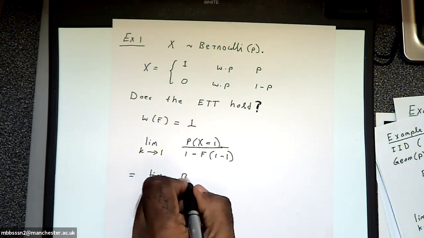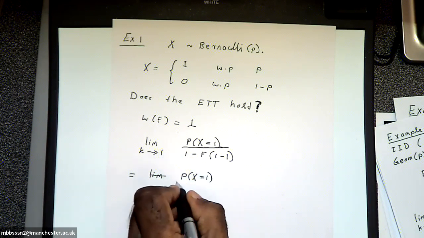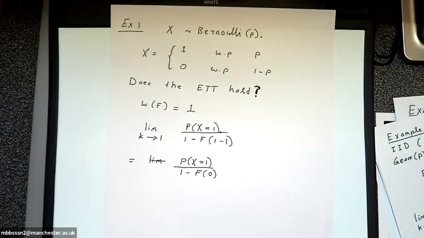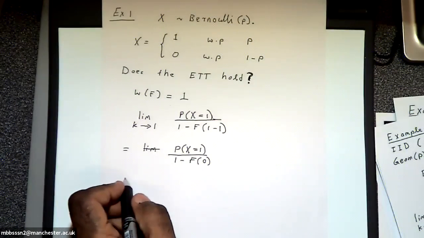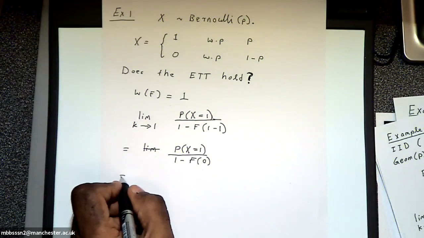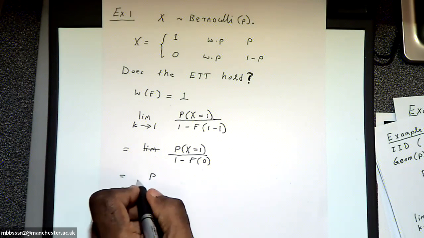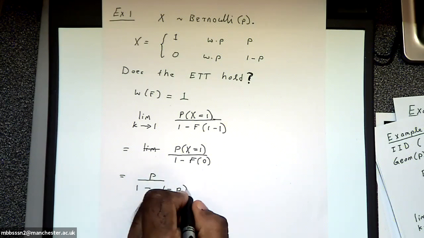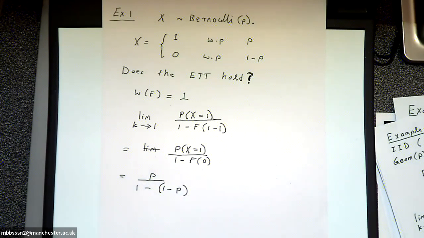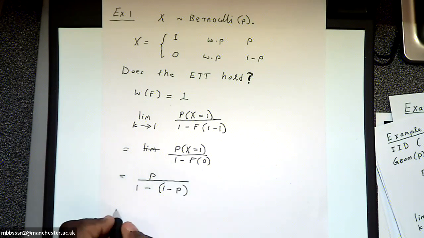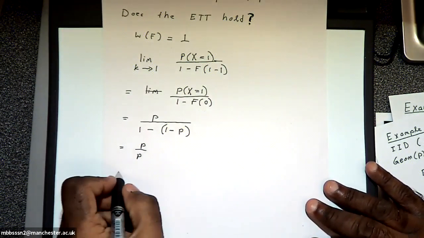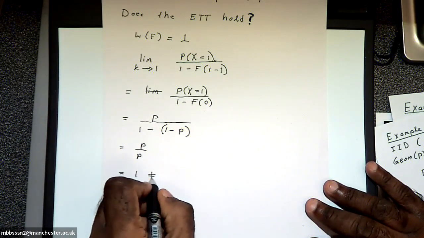This is the probability x equal to 1, which is p, and F at 0 is 1 minus p.